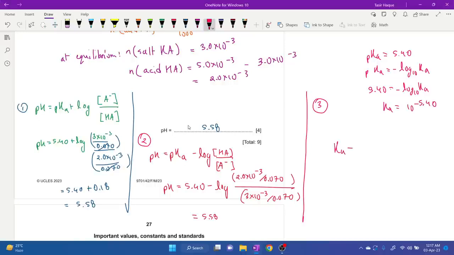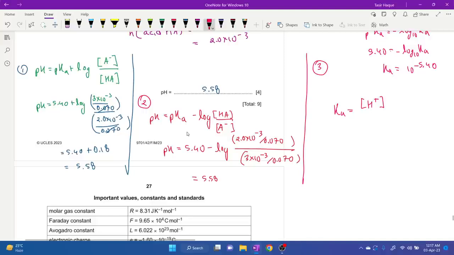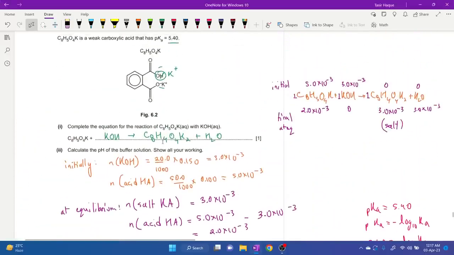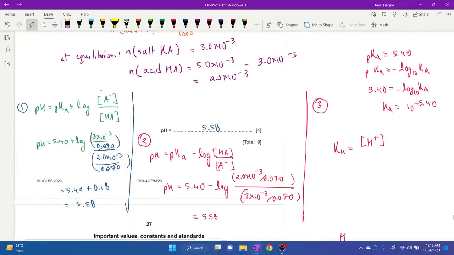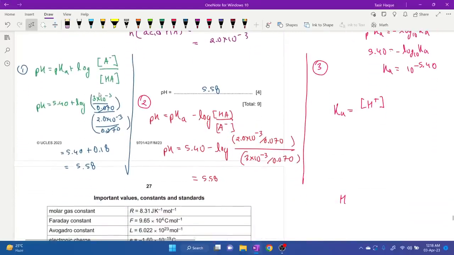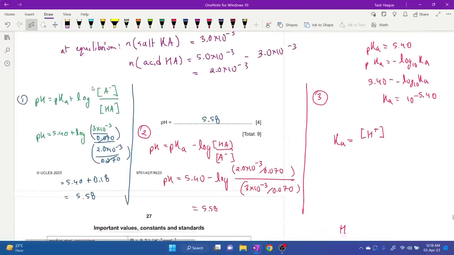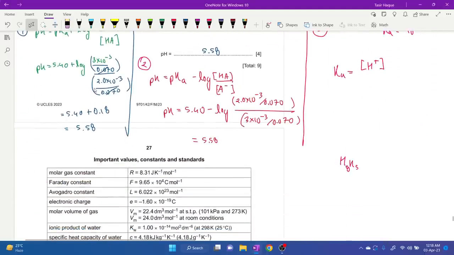So can we write this, that Ka is equal to, for the dissociation of this acid, essentially, we can write that it's H plus, right? So suppose this is the acid, right? It's basically like dissociating the acid over here, C8H5O4K, this weak acid. What is it? C8H5O4K.